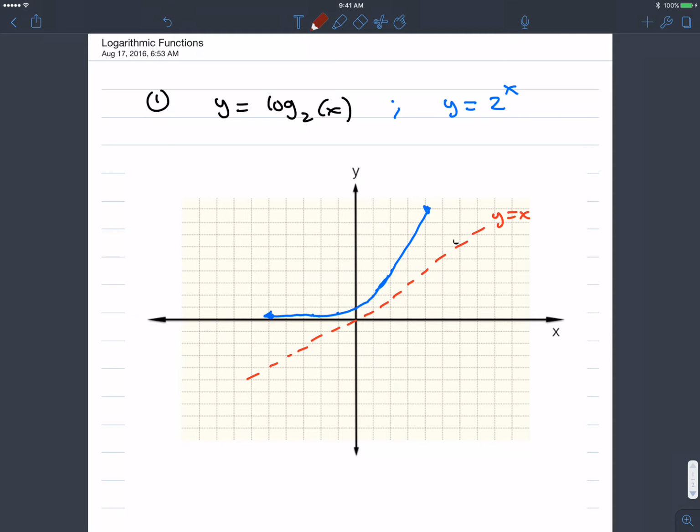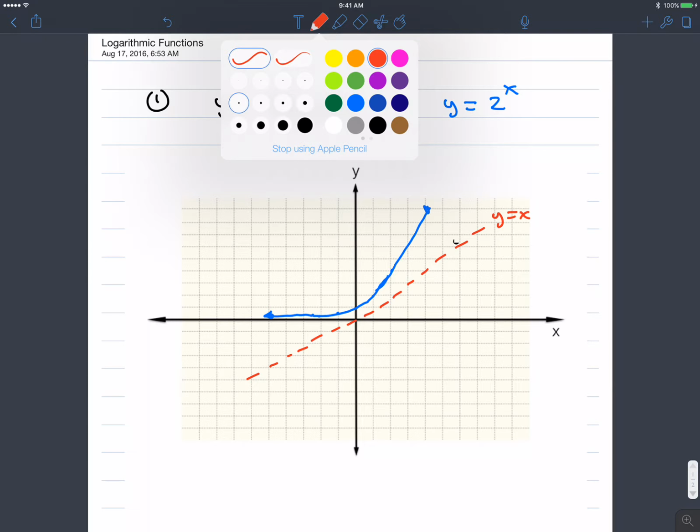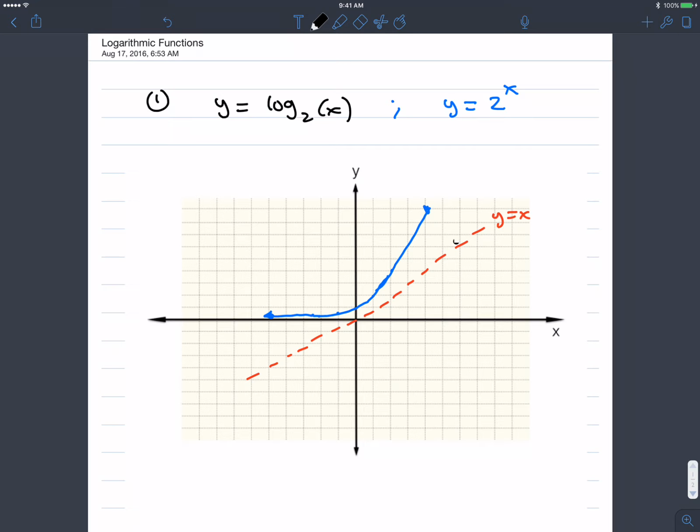If I switch my inputs and outputs, my x and y values, the first point, 0, 1, is now 1, 0. The second point, 1, 2, is now 2, 1, and so on. So I can get a curve that's going to start to look something like this just as a sketch.